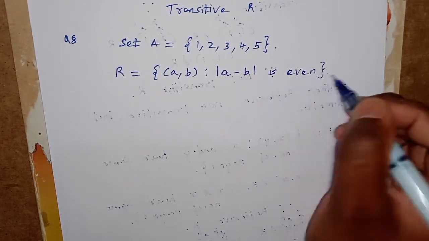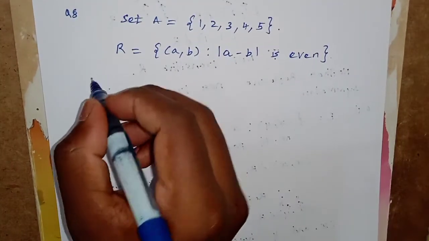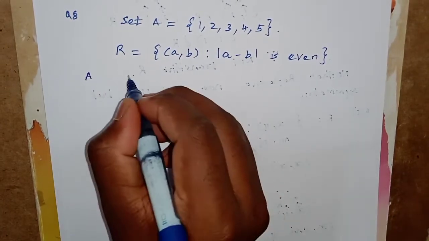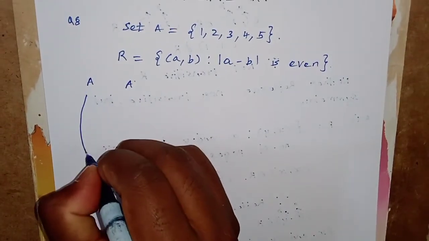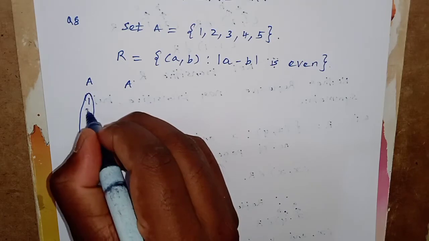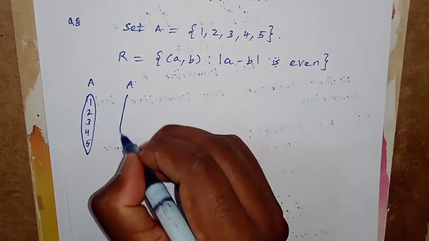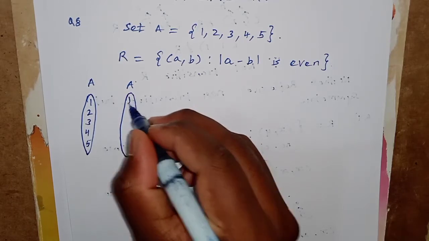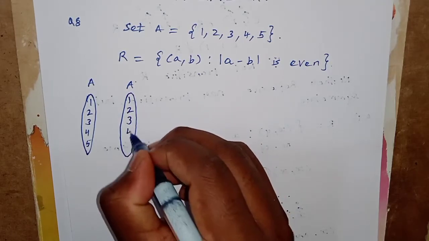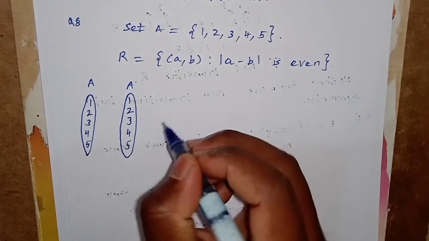If you draw the graph, you can understand clearly. Here A, again A, for A 1, 2, 3, 4 and 5.